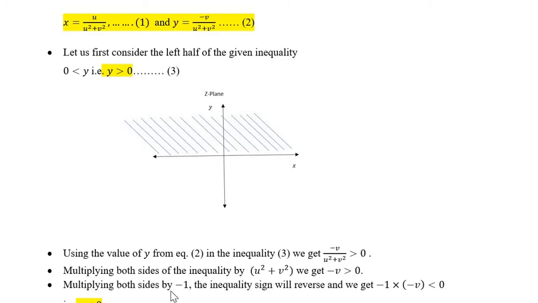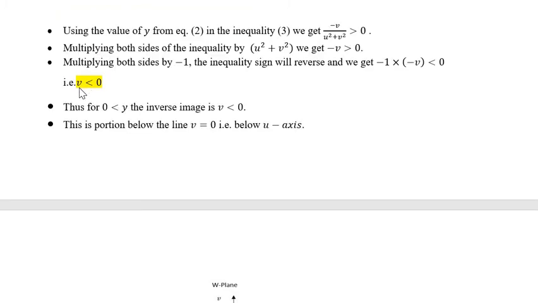Now we multiply both sides by minus 1, and on doing this the inequality sign will reverse and we get minus 1 into minus v is less than 0. That is, v is less than 0.